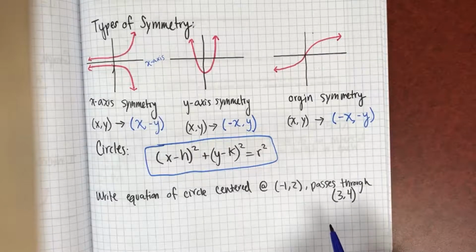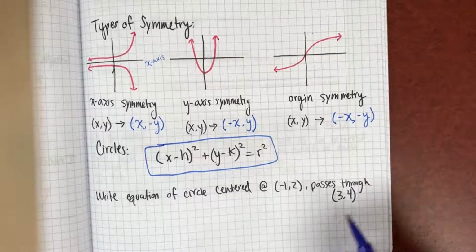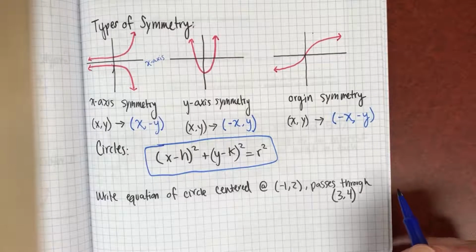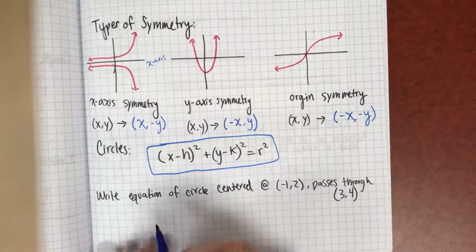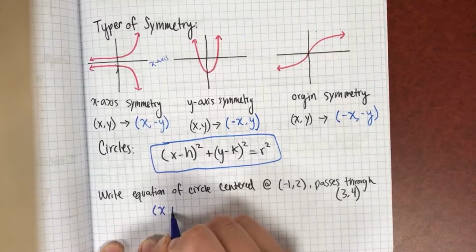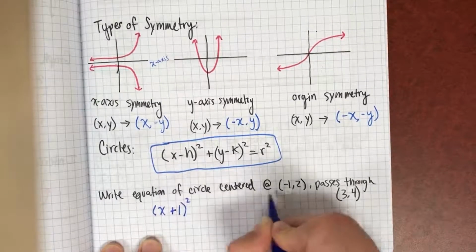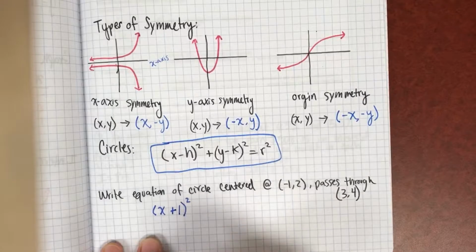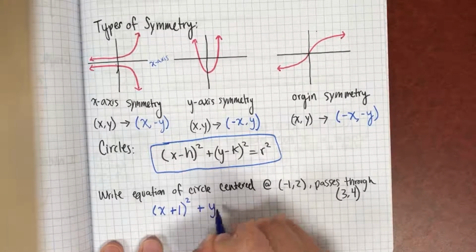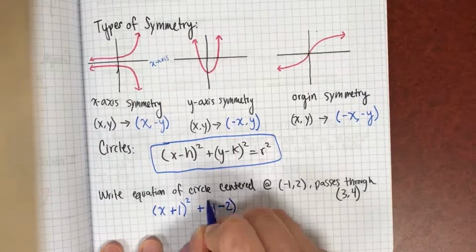First, let's write in all the things that we do know. We know our center. It's going to be (x + 1) squared, because this is a negative, so we make it positive, and then (y - 2) squared.